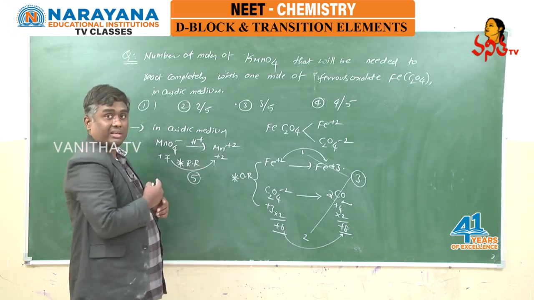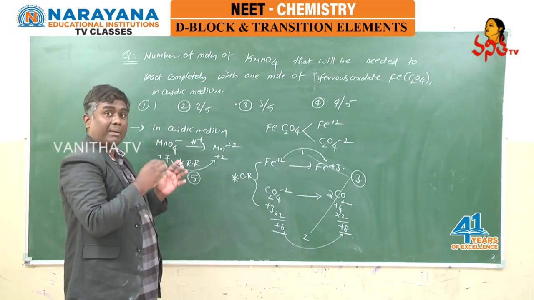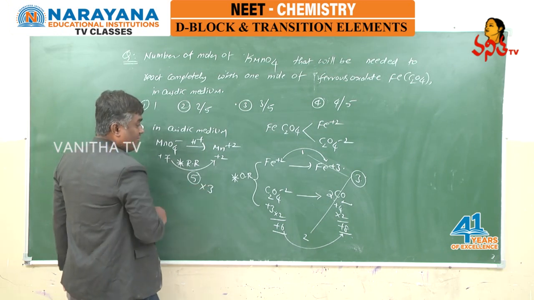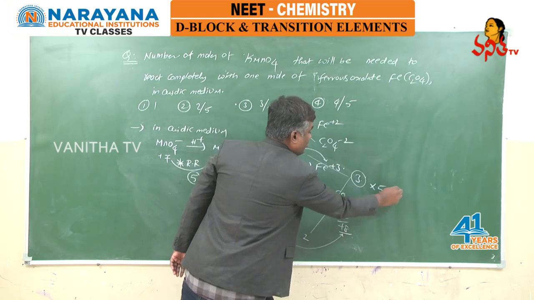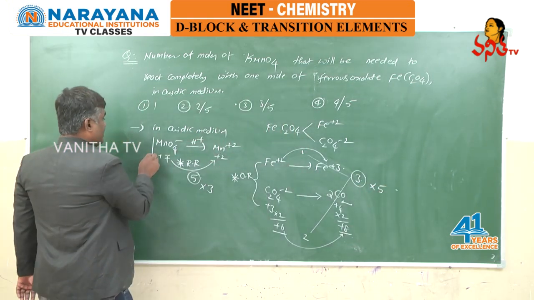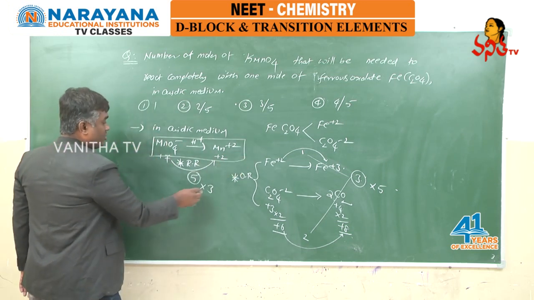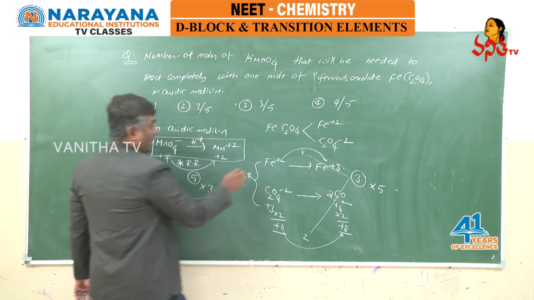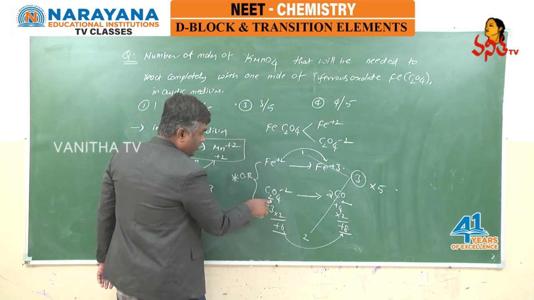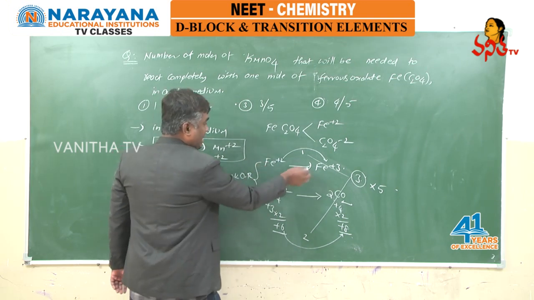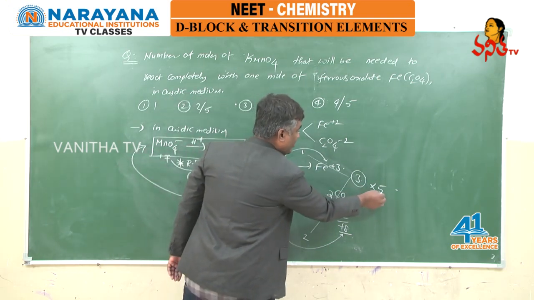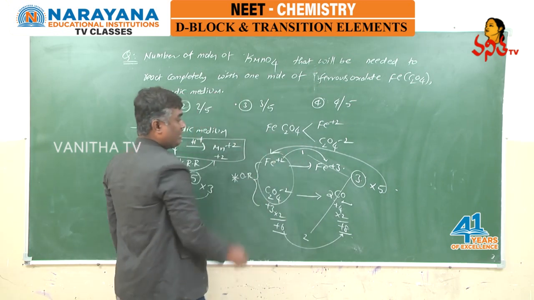Now we have to make these changes equal by multiplying with suitable integers. I should multiply 5 with 3, and 3 with 5, because 5 threes are 15 and 3 fives are 15. So the entire reduction reaction should be multiplied with 3. One mole of Fe plus 2 and 1 mole of C2O4 minus 2 make ferrous oxalate, and these two species should be multiplied with 5.